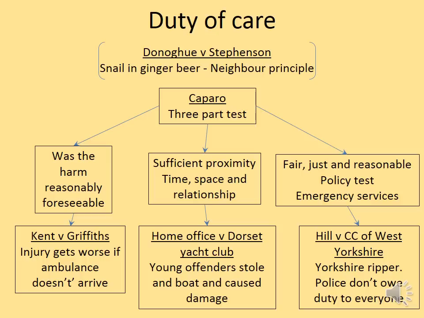And if your defendant is not a rescuer or the police or the fire service or somebody in that category, then it will be fair, just, and reasonable to impose a duty, and you will be able to conclude that yes, your defendant owed a duty of care to the claimant.